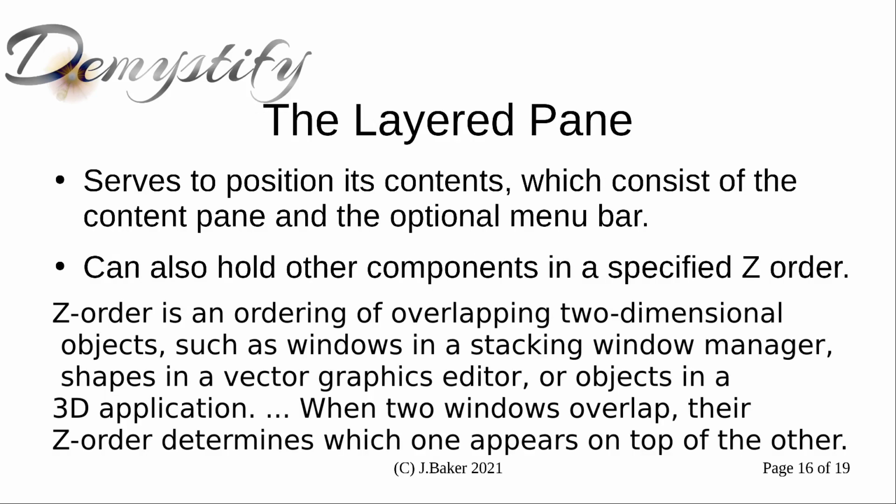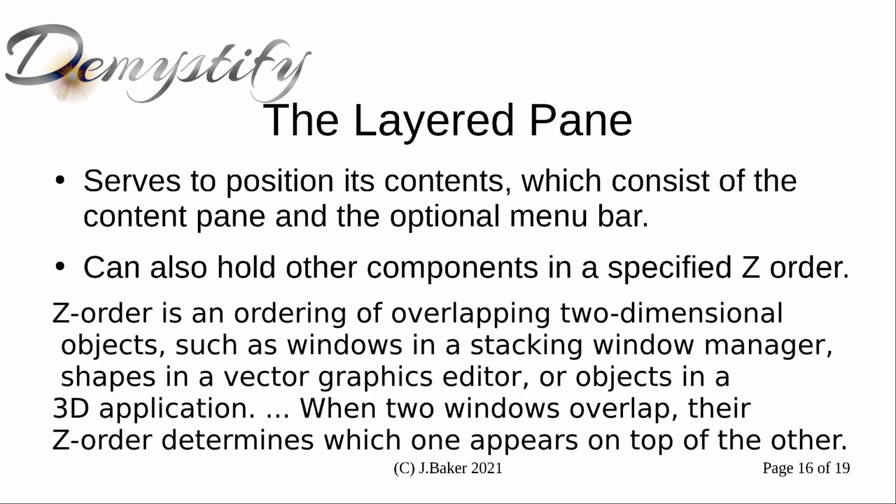A layered pane. It's used to position its contents, which consists of the content pane and the optional menu bar. Now, you probably know this already, but you probably never actually stopped to think about it.